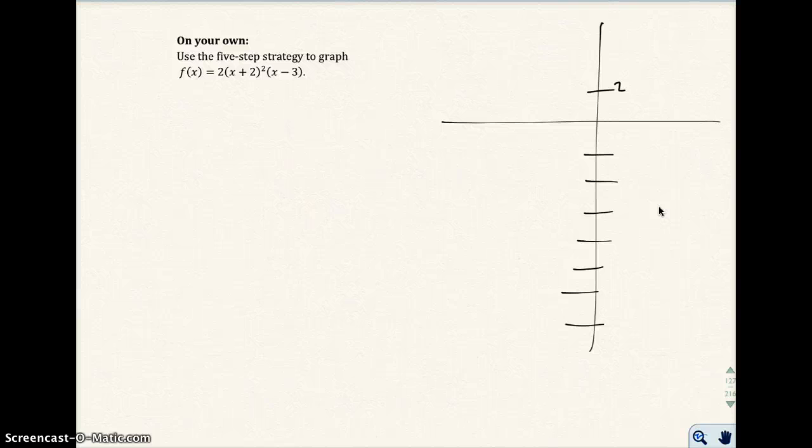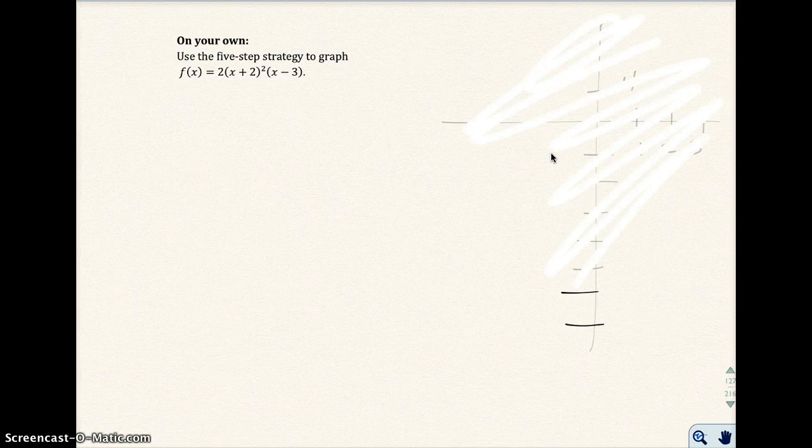Actually worth not 2 but 4. Make them worth 4. So each of these little tick marks, make them worth 4. Okay? And then your x values you can make worth 1 on your graph. So I'll just give you a little hint there. So go ahead and pause the video and work this problem, and then you can start the video up and check your work.